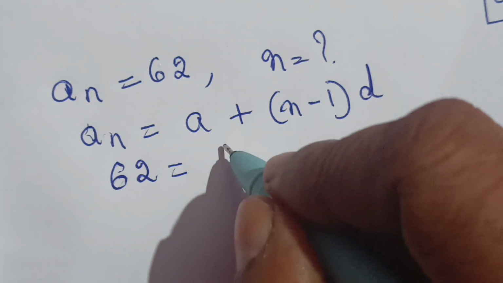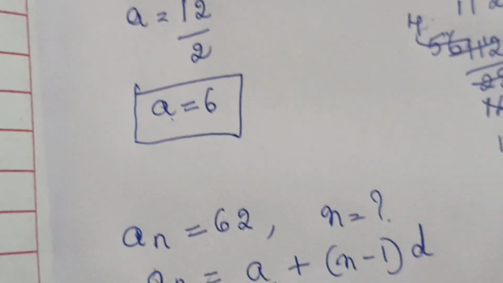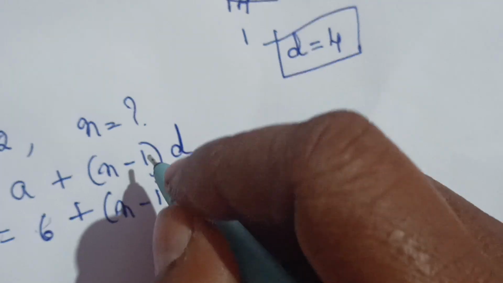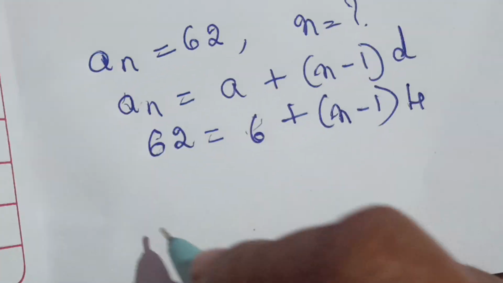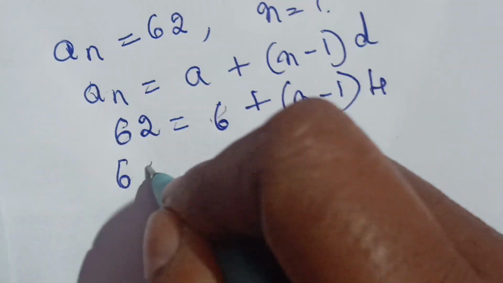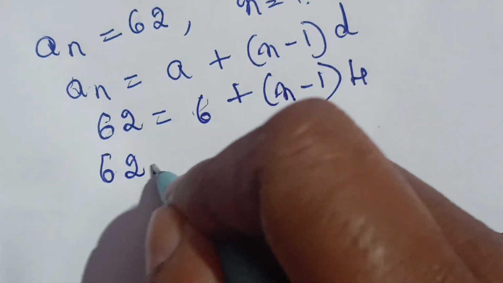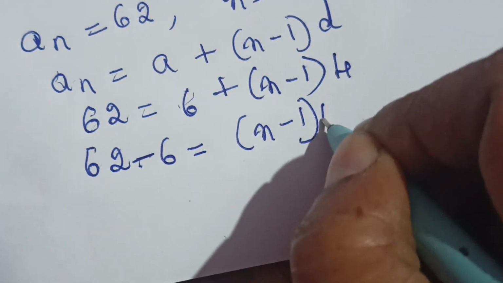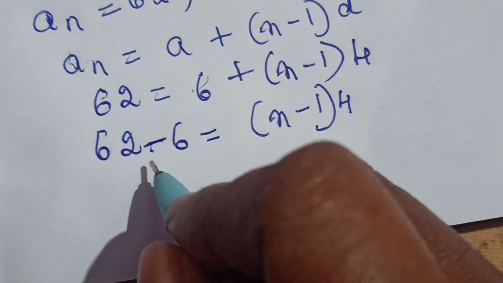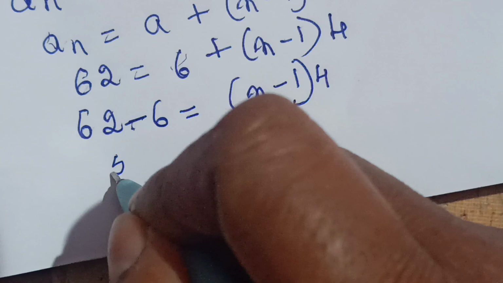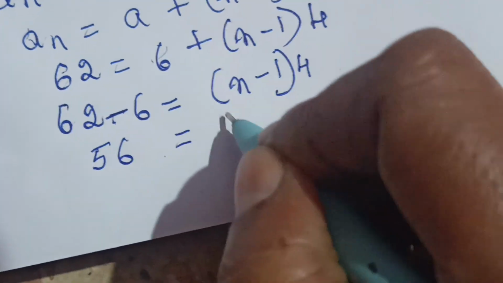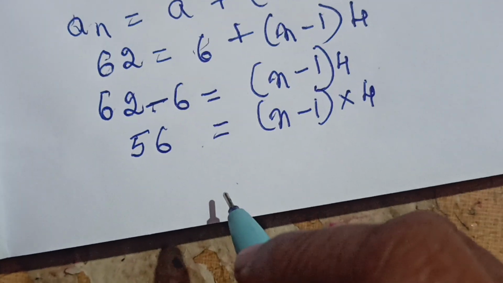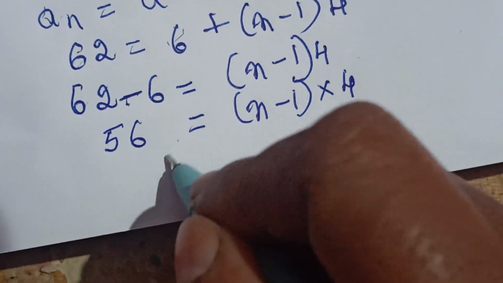a is how much? We have already found 6, plus (n minus 1), n is unknown. d is already found, 4. Substitute. 62, bring this 6 to this side, it will be minus 6, equal to (n minus 1) into 4. So 62 minus 6 is 56, equal to (n minus 1) into 4. You can bring this 4 down.